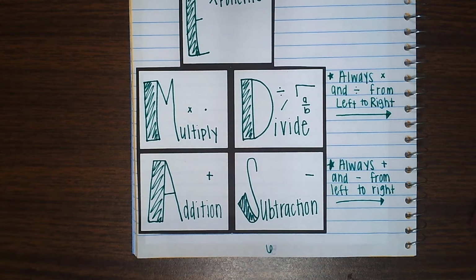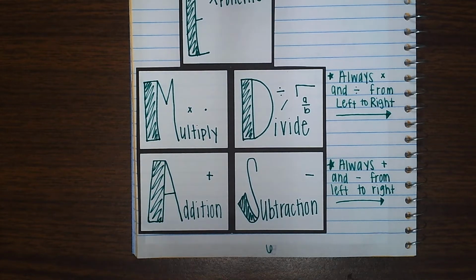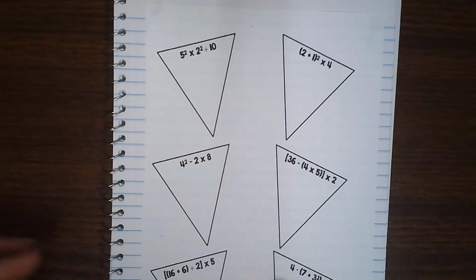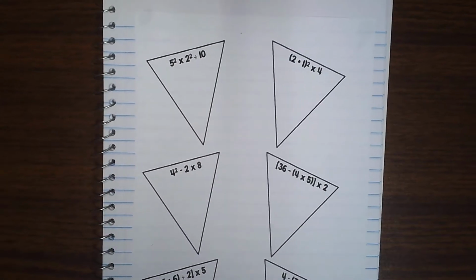Okay, so this should be just a review for you. I know that you start talking about it in 4th and 5th grade. So let's go ahead and look at some examples.